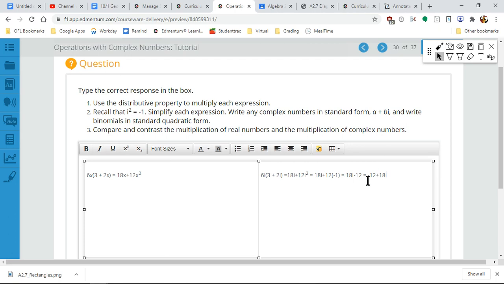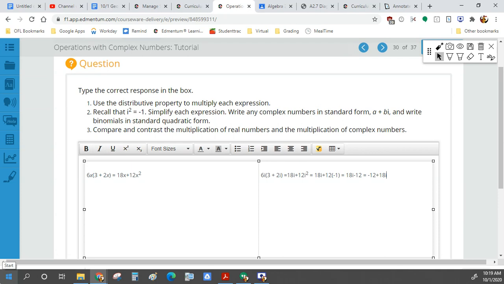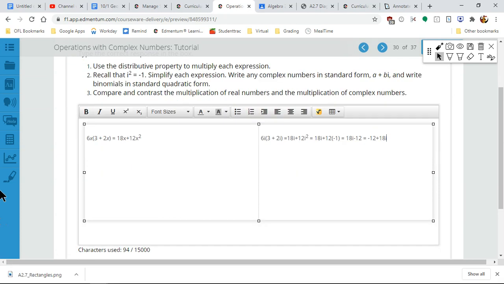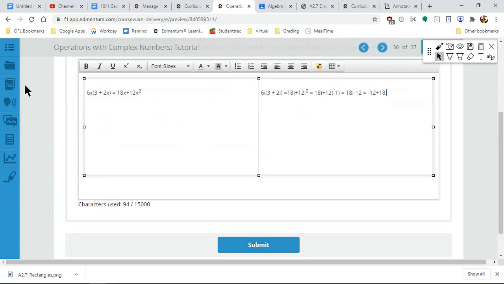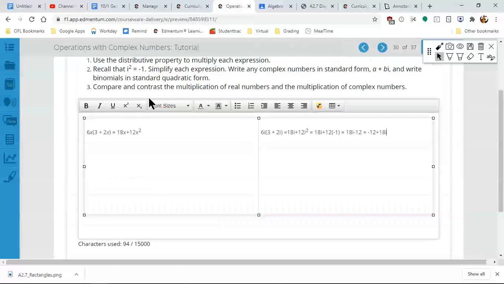But we just switch them over. So by using the commutative property, again, I don't want you guys necessarily memorizing that. Just know what you can do with it. If you know what it is but you don't know what it's called, you just say, I know I can switch these, I don't know why. That's fine. You only really need those when you're doing proofs, and we don't really do proofs in Algebra 2.